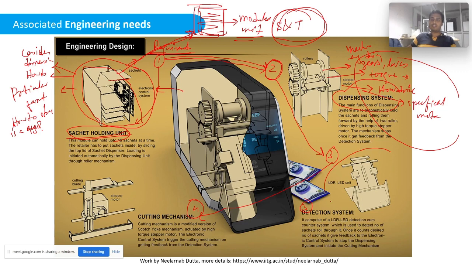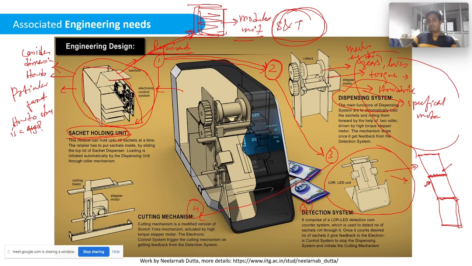Again, you have electronic engineering requirements, where you need to detect a particular sachet. How we detected it was like this: whenever there are sachets, each sachet is separated by some perforated borders, and we try to detect light across these holes.